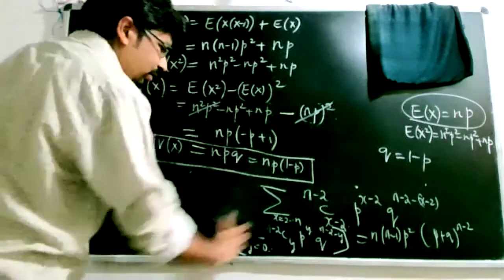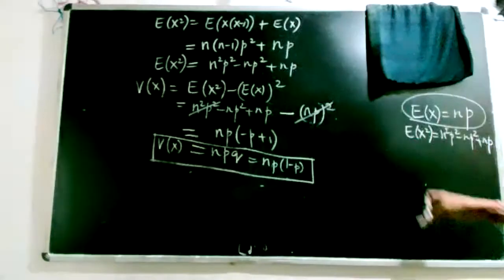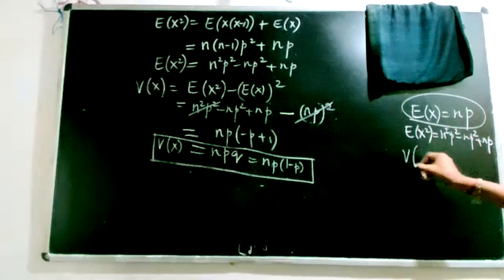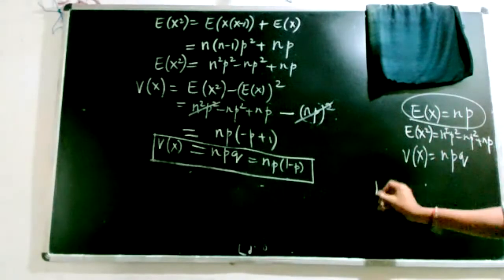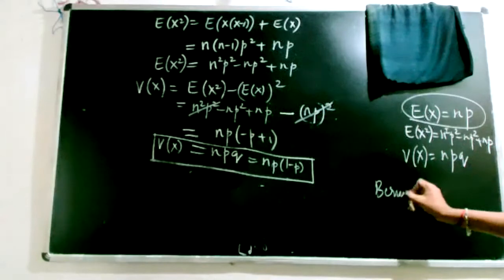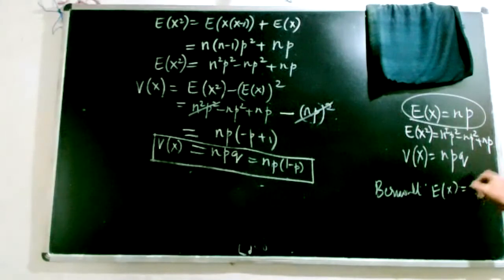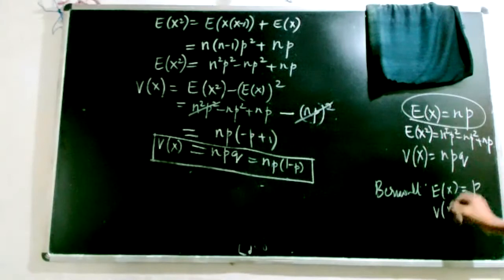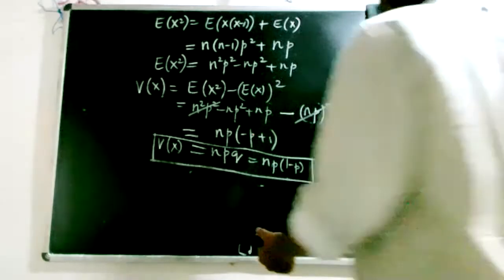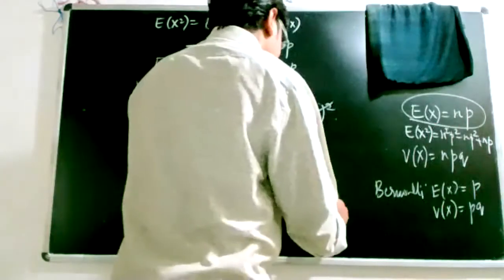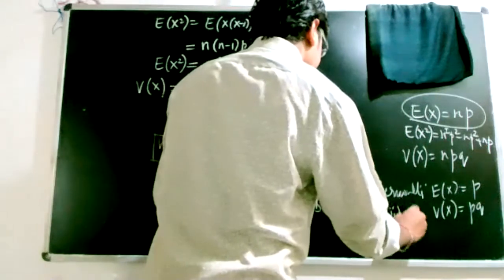Now if you look into the Bernoulli case, for the Bernoulli distribution, the mean was p and variance was pq, and we have defined binomial as n times of Bernoulli. So your binomial is nothing but sum of n IID Bernoulli.